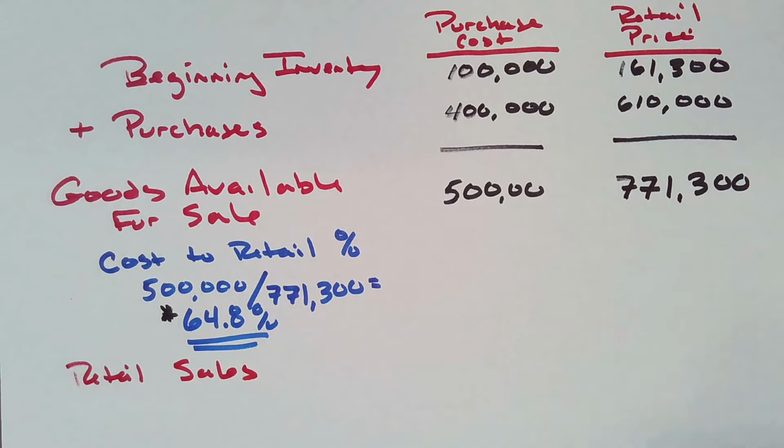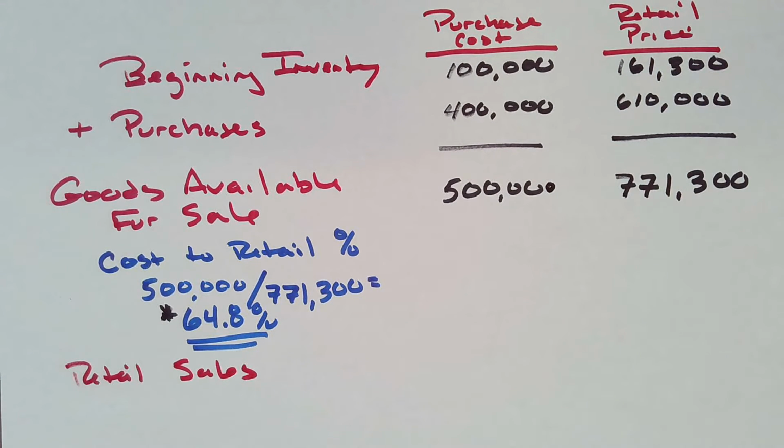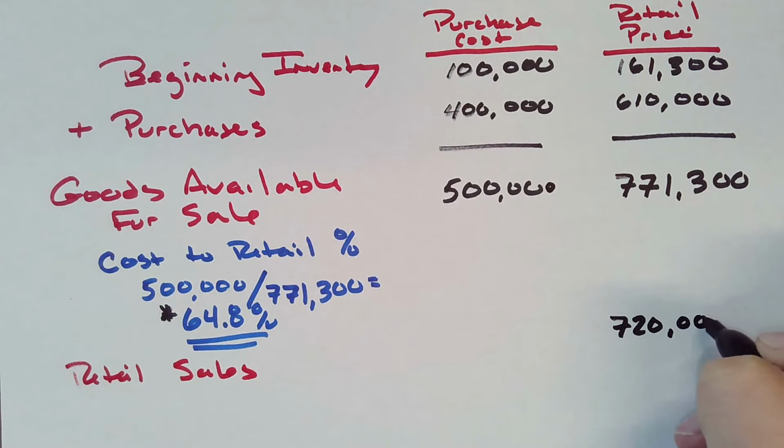Sold a lot of stuff, right? So I had retail sales of 720,000.